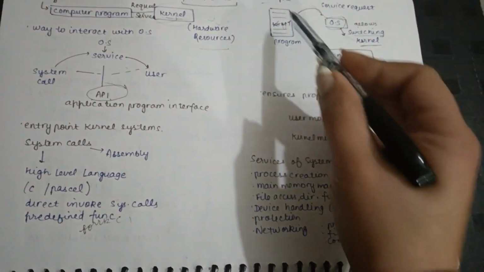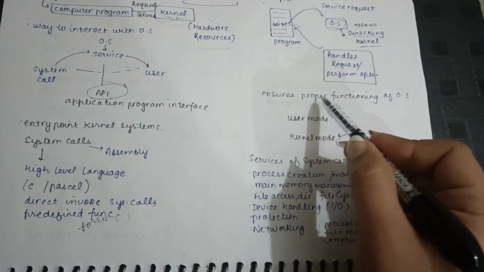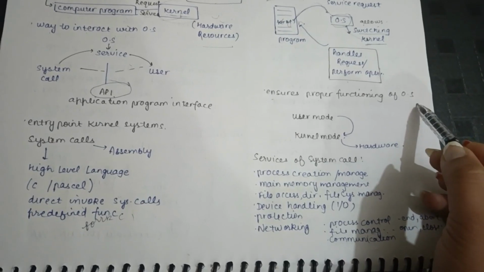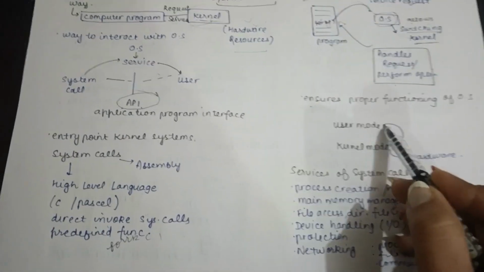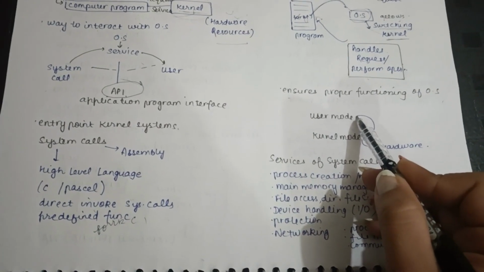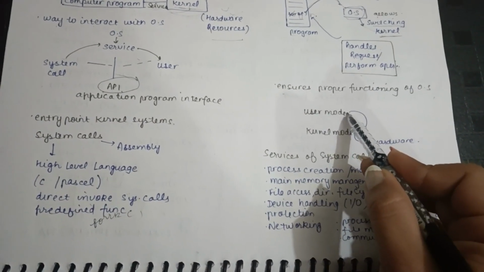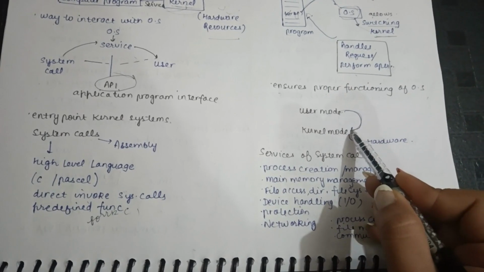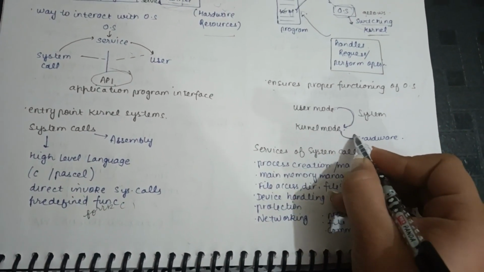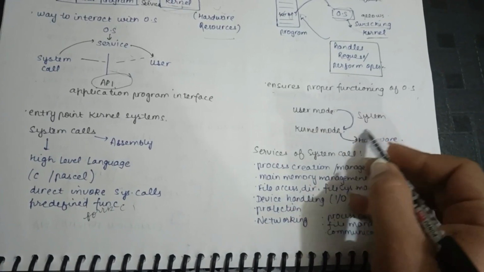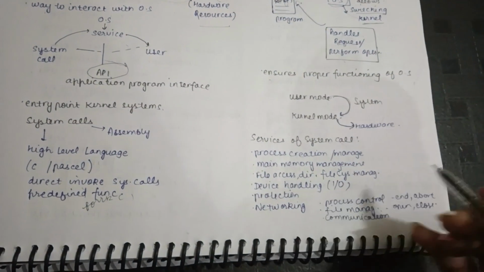And this system call also helps in ensuring the proper functioning of the operating system, because normally we are in user mode. After the booting process, the initialization is done in the user mode. So in order to access any of the resources, it has to make a call to the kernel, and this call is the system call, and this kernel will respond or give them back the hardware and respond to the call.